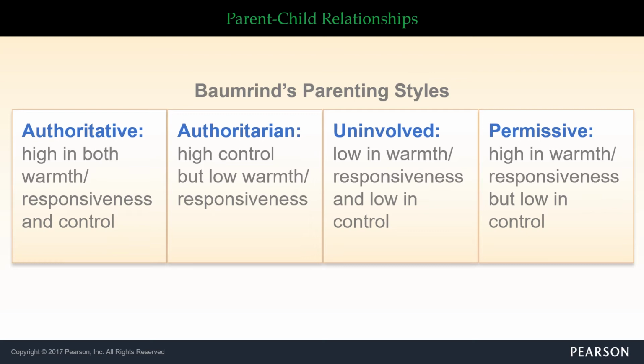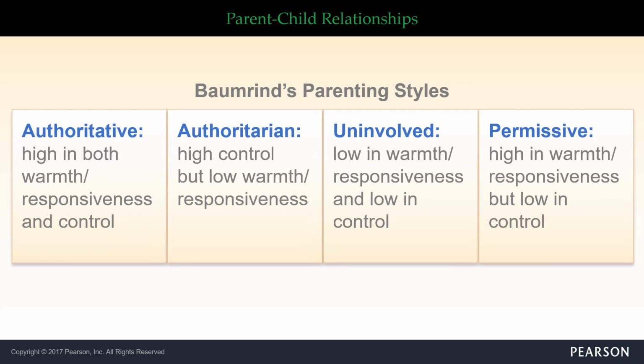Authoritative parents are high in both warmth and responsiveness, but they also control children, so they may ask for children's input. They may allow children to give their opinion, but the parent lets children know that they're the ones that make the final decision. So the child is included in the discussion, but parents make the final decision.